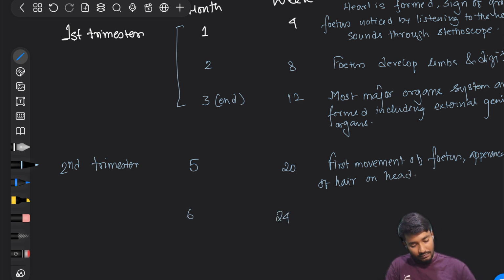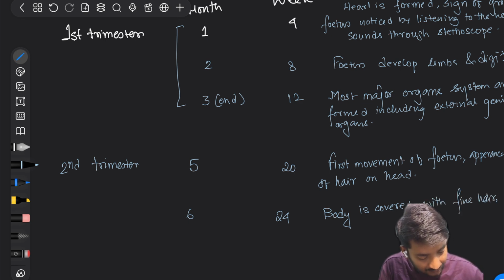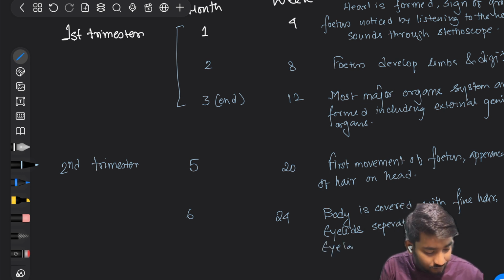In the 6th month, the body is covered with fine hair. Eyelids separated, and the eyelashes are formed.